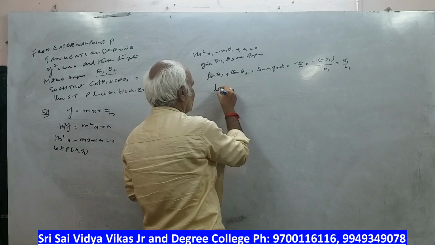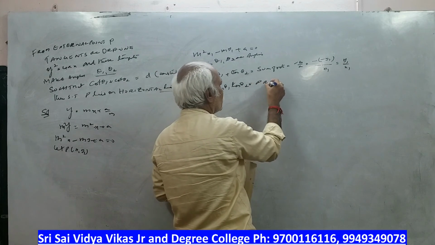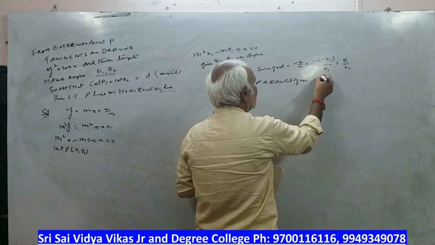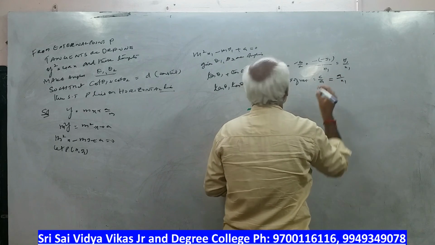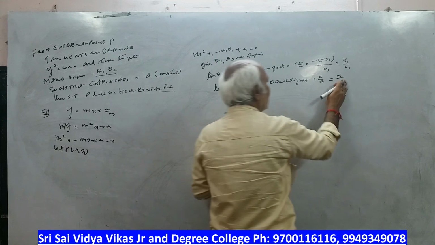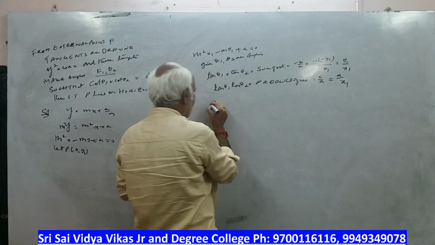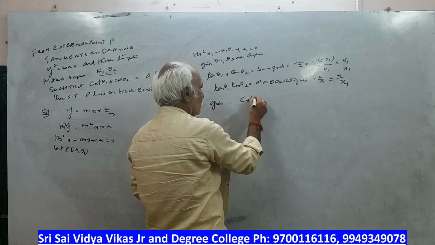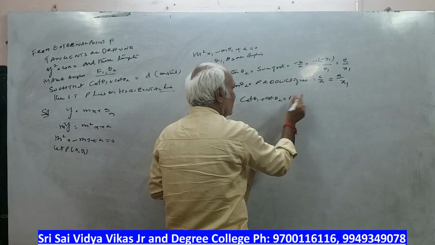Then next I am writing tan theta 1 into tan theta 2, the product of the roots, which is c by a. C by a means a by x1. Now given cot theta 1 plus cot theta 2 is equal to d.